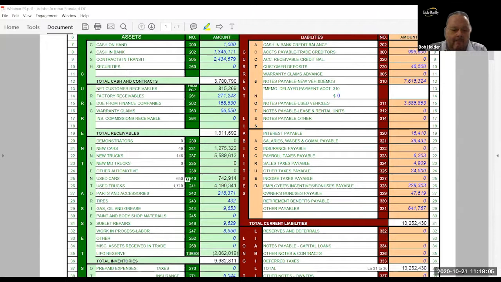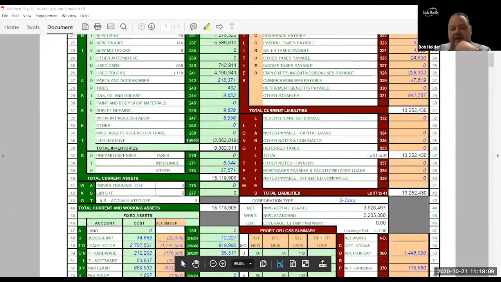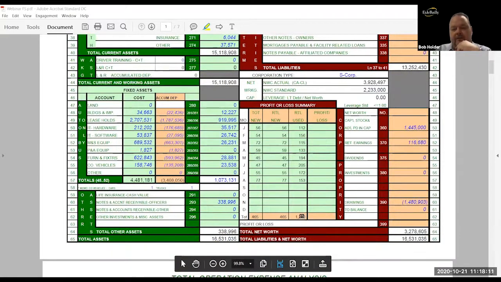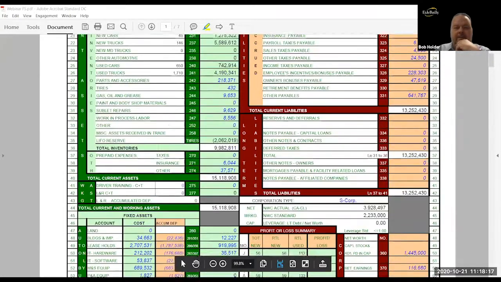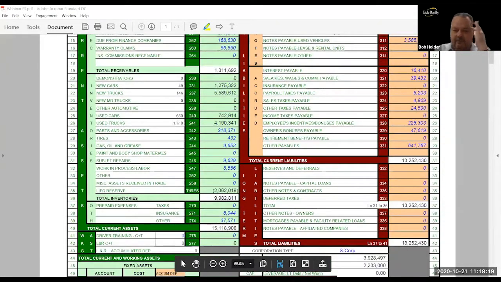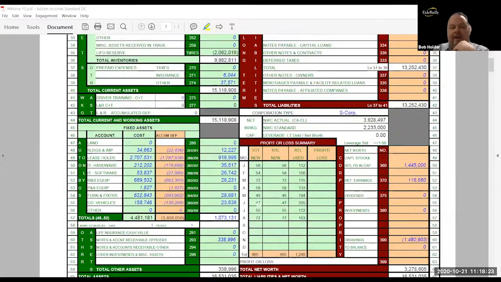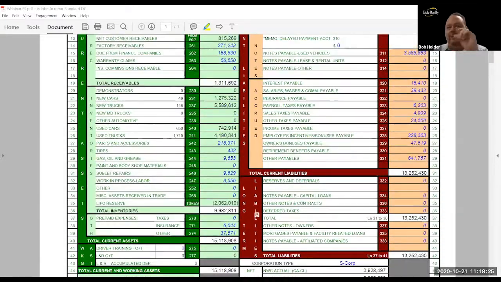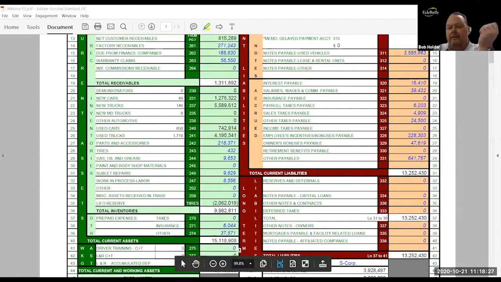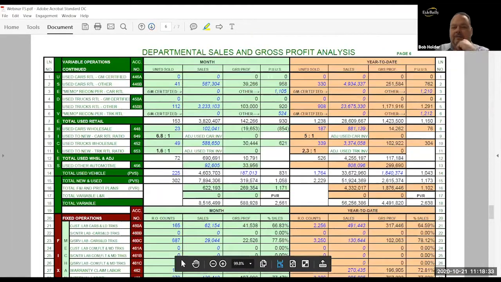Another part that is good. Right here, it shows your used retail total. If this was a big truck store, you would expect them to have more trucks. Again, we don't know what these numbers really are. So how do you really know? You can do days supply in total, but how do you really know if you have the right mix? So that's where you go back and go into page 6.